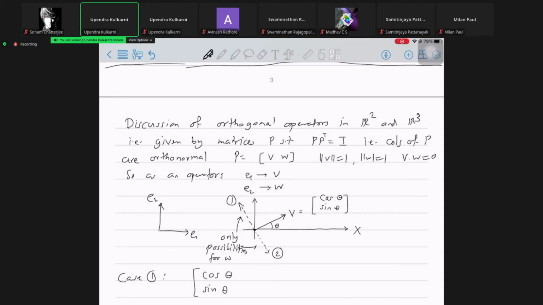And what is the second column? Minus sin theta, cos theta. Right? But what is this matrix? Or you can just see what it is doing to both basis vectors. It is rotating both basis vectors through angle theta, counterclockwise. Since there is an operation that is clearly linear, that does the same thing to the basis vectors, it must do the same for all other vectors. So it's a rotation.